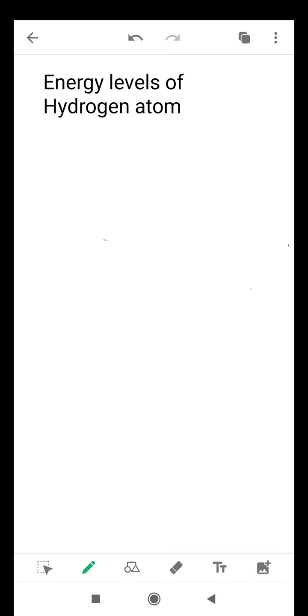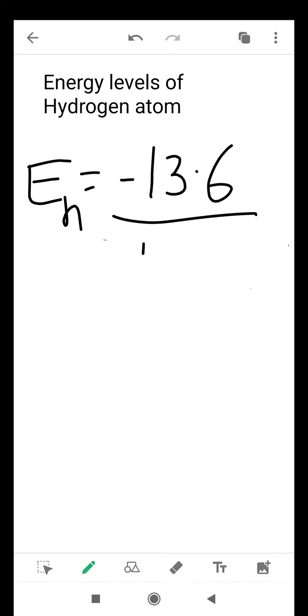So we got the expression for total energy, that is En is equal to minus 13.6 divided by n square electron volt, by substituting all the constants. So the total energy is negative. The negative sign signifies that the electron is bound to the nucleus. So we have a bound system between the electron and the nucleus.